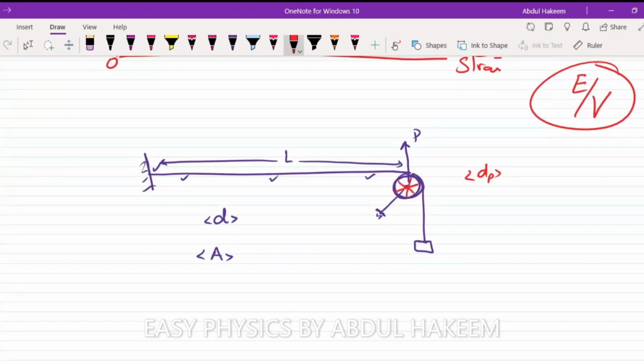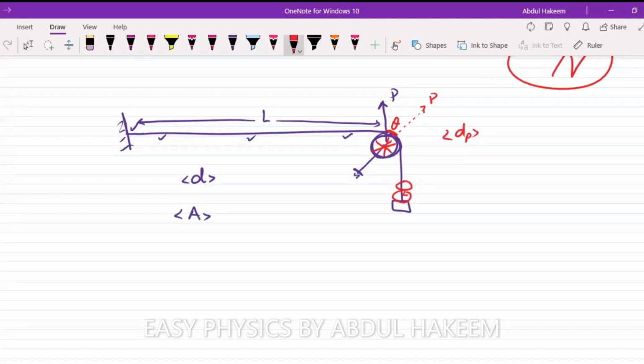Now arrange some loads and hang the loads one by one. After each load, the pointer will rotate towards the right due to the extension. Suppose for the first load, the pointer goes to this position. Measure this angle with the help of a protractor. And this arc length at the pulley will give you the extension.